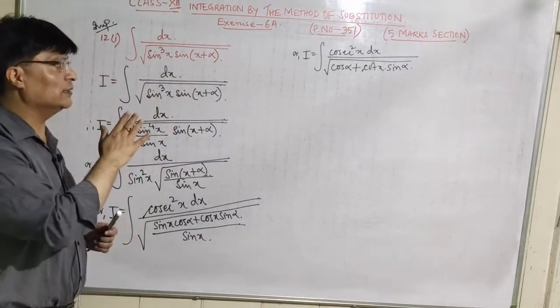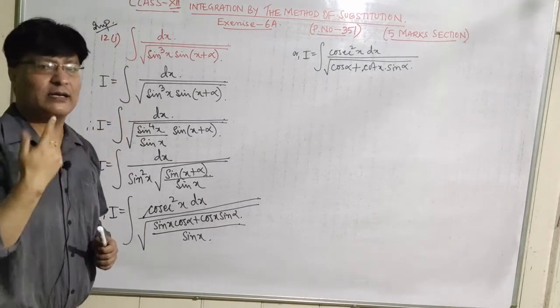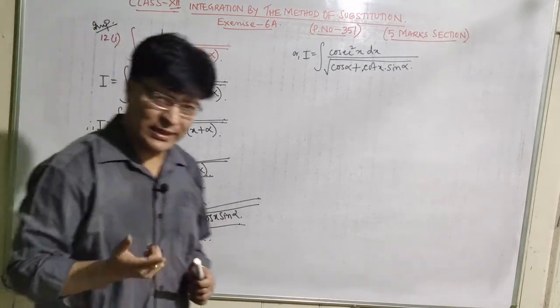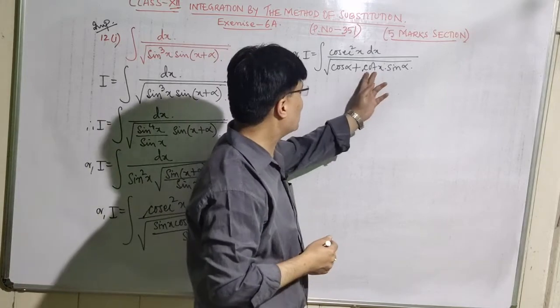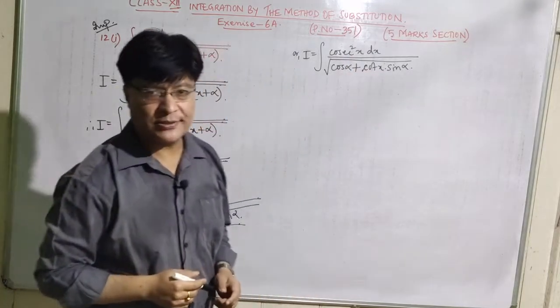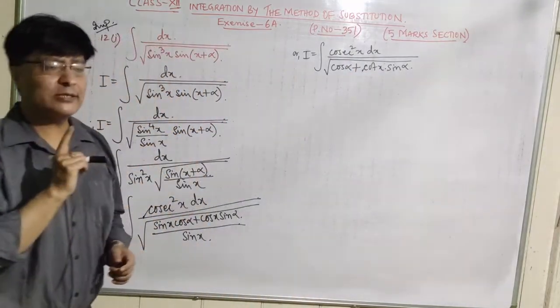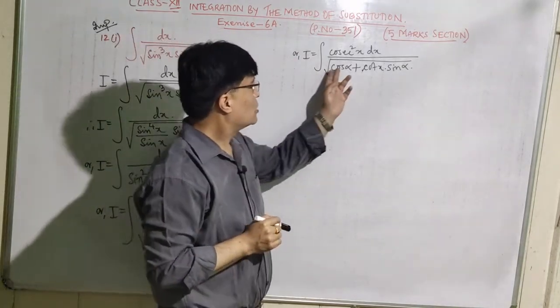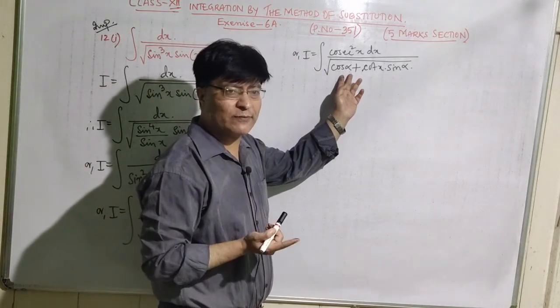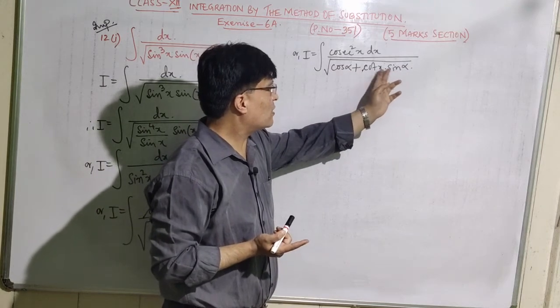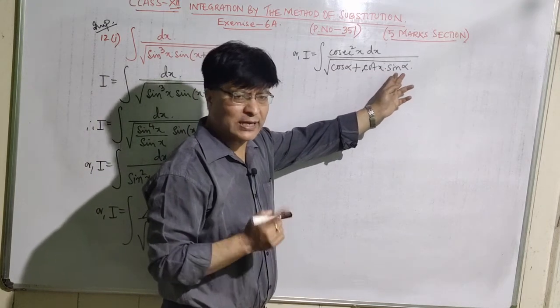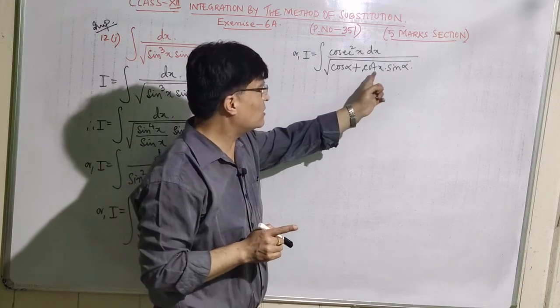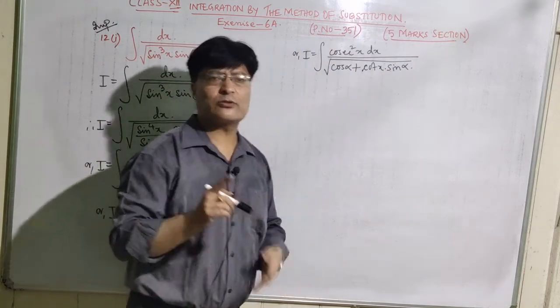And you know that here cos alpha and sin alpha are constant. And you know the differentiation of cot x is minus cosec square x. Now within the square root there is cos alpha plus cot x sin alpha. So the differentiation of cos alpha is 0 and for cot x sin alpha, the constant sin alpha remains as it is, sin alpha into the differentiation of cot x, that is minus cosec square x.